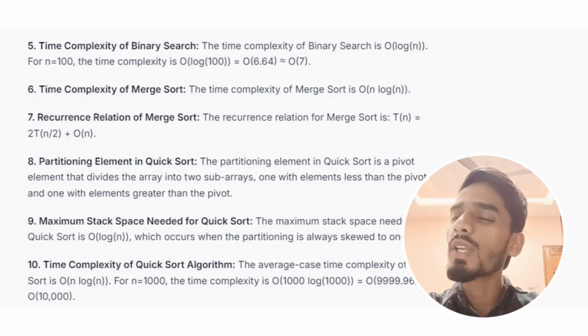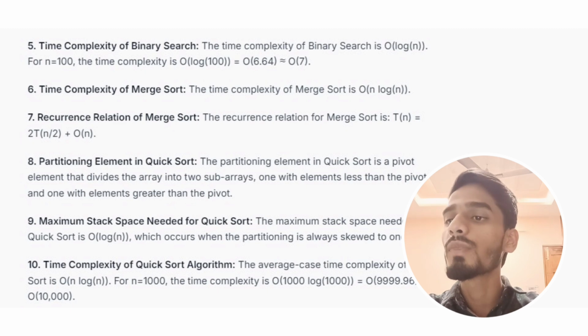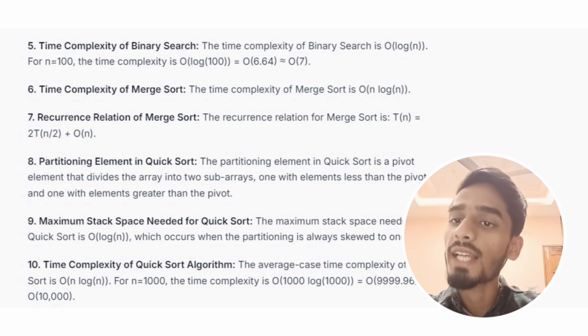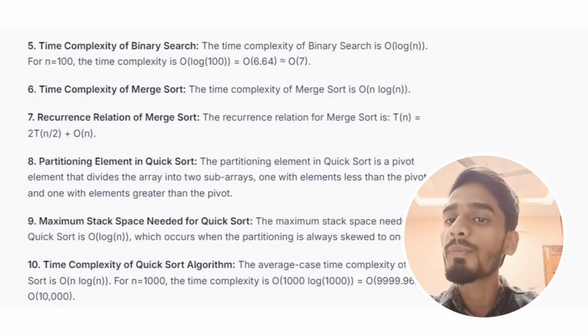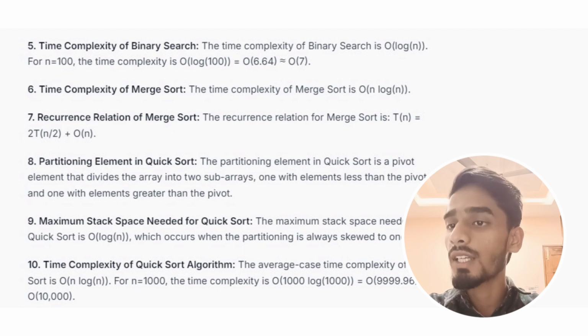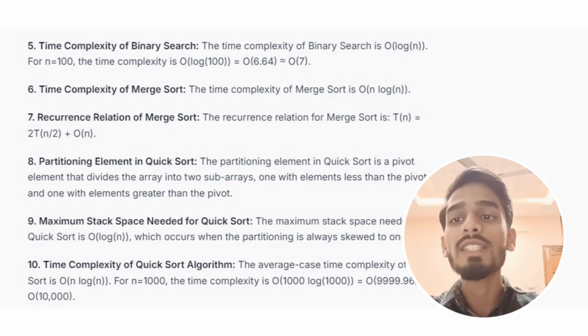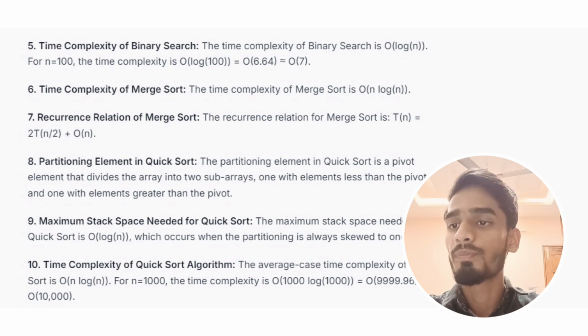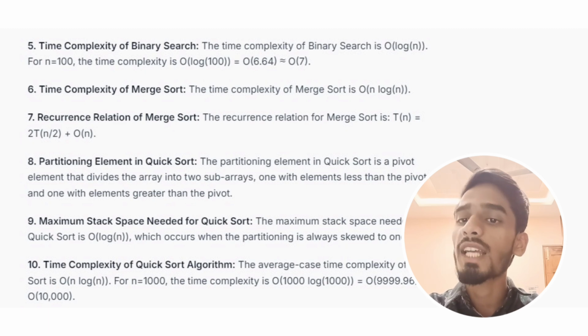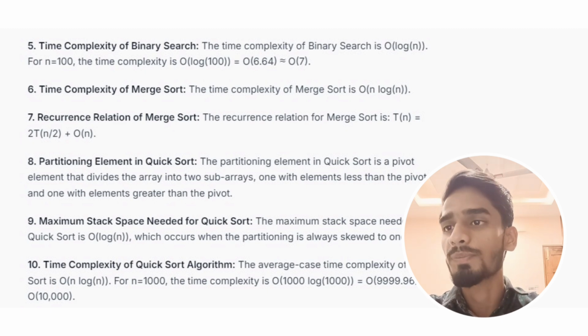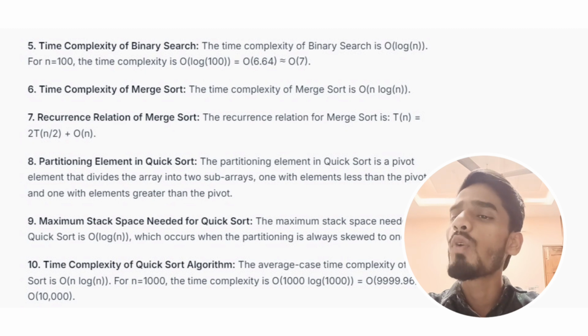Next, let us verify that the quicksort algorithm's maximum stack space needed is big O of log n. The maximum stack space needed for quicksort is big O of log n, which occurs when the partitioning is always skewed to one side.